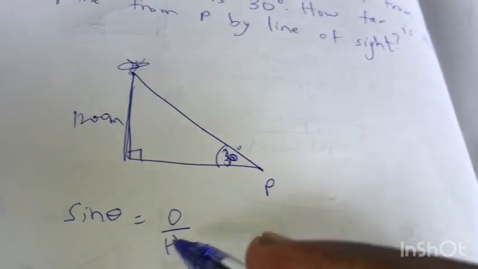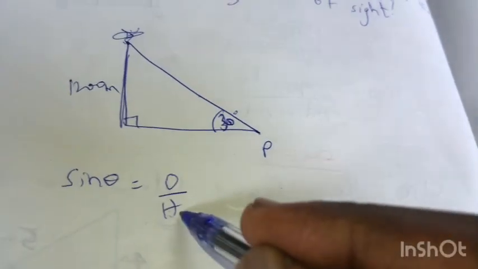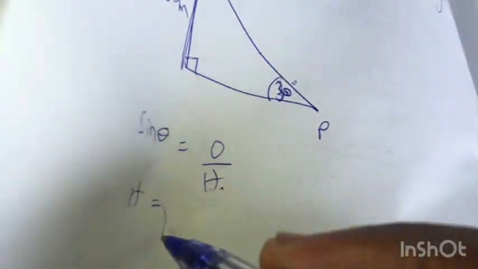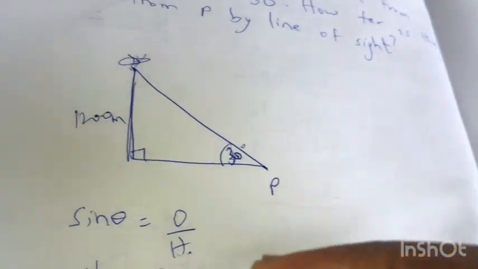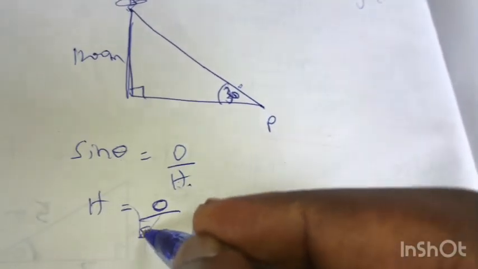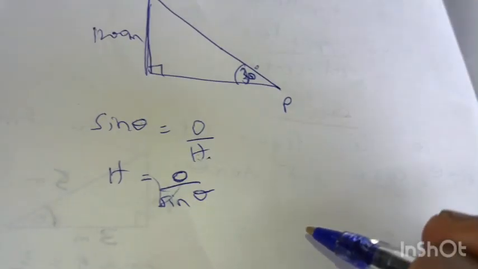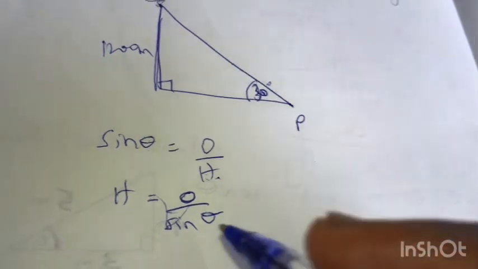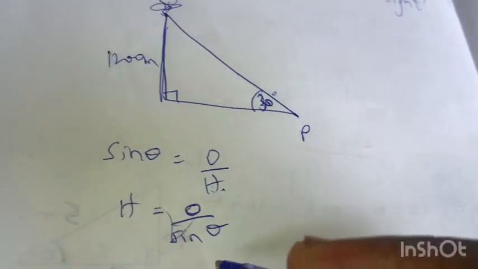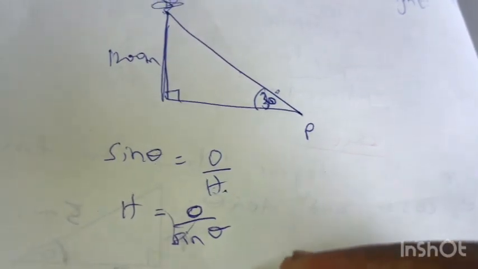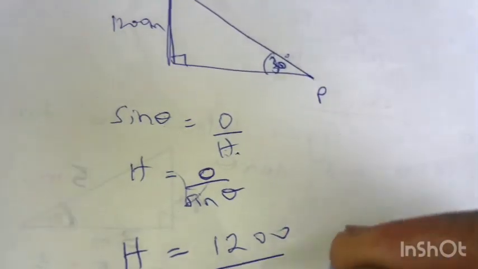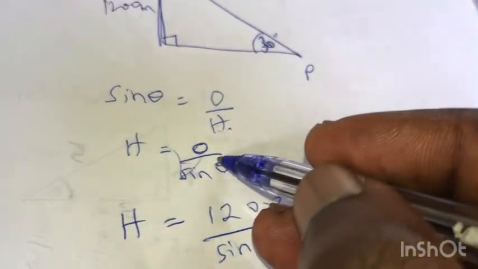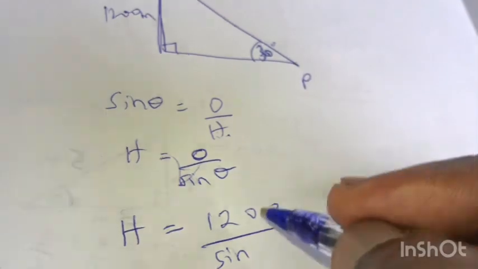We are finding the hypotenuse, so you can bring this one here and that one there. So hypotenuse equals opposite over sine theta. The opposite is 1200, and theta represents the angle, 30 degrees.